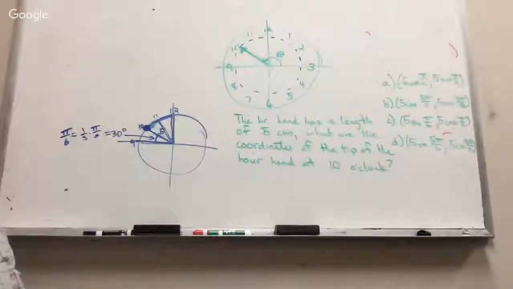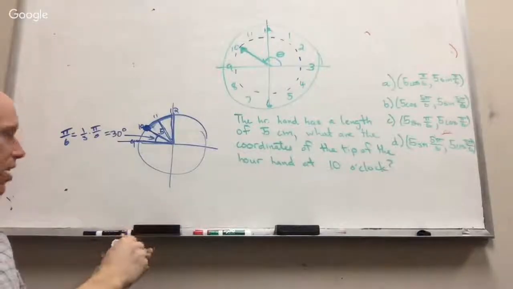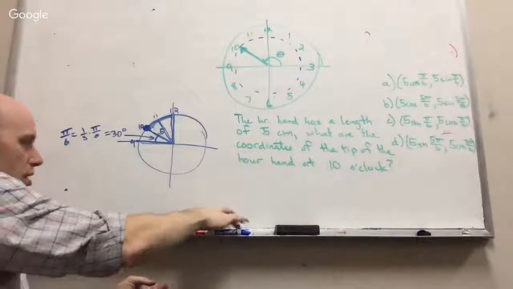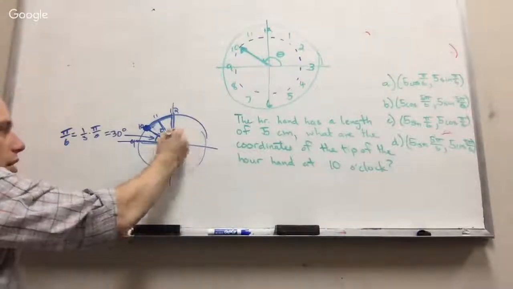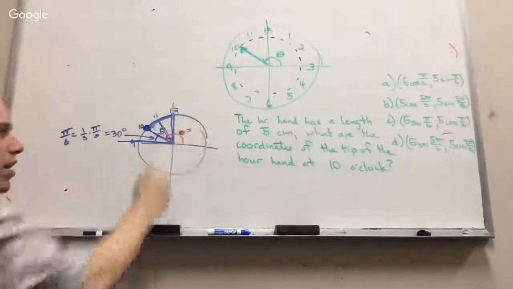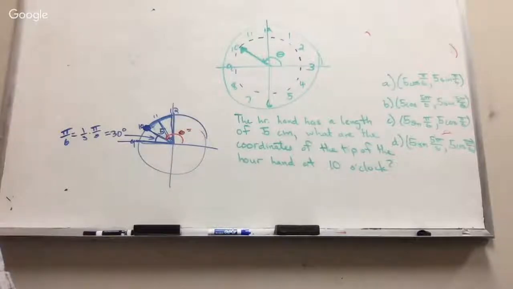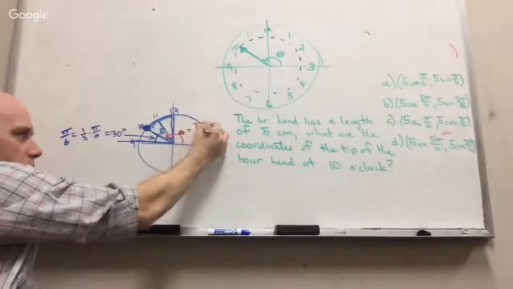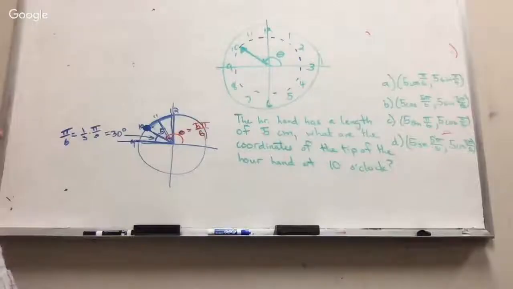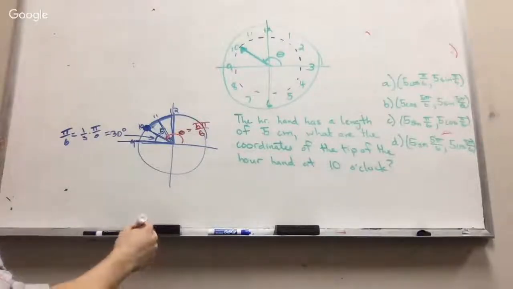Right? Yeah. Okay. Now, that means that theta is what? 5 pi over 6. 5 pi over 6, right? So theta is an angle in standard position.